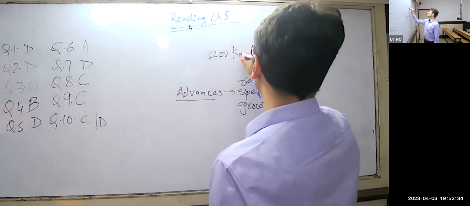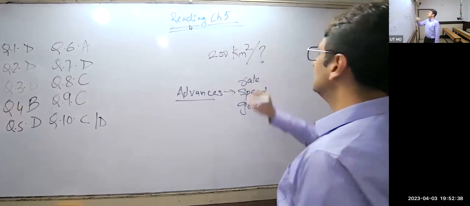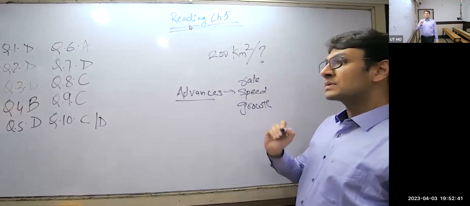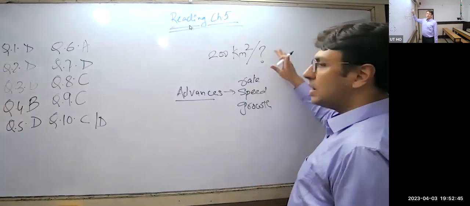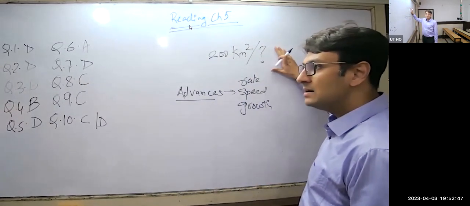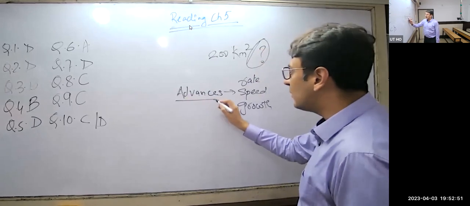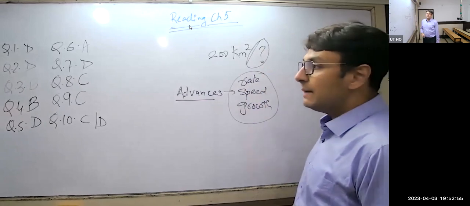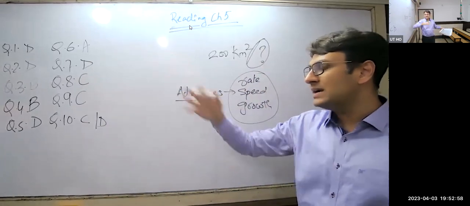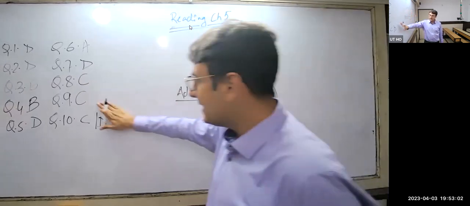Square kilometer by what? Per hour, per 1,000 meter of water body, per second, per year. Because this is not mentioned, the advance will not be of any rate, growth or speed, but it spans over, it covers 200 square kilometer area. Hence answer is C.